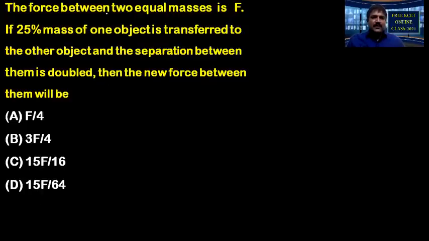Here it is given in the question, two equal masses. So the masses can be considered in that case as M and M. Initial separation, let it be R. Then the gravitational force of attraction, F equal to G M into M upon square of the distance.